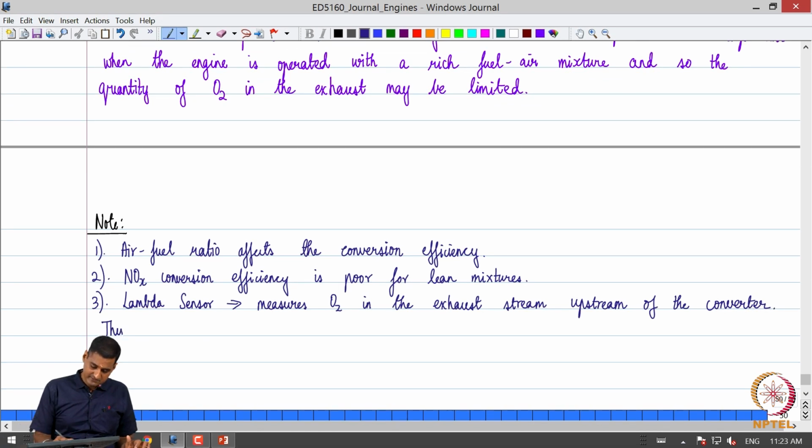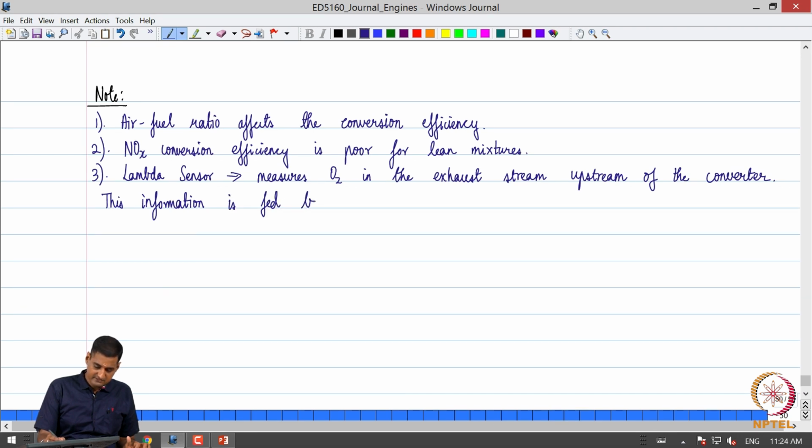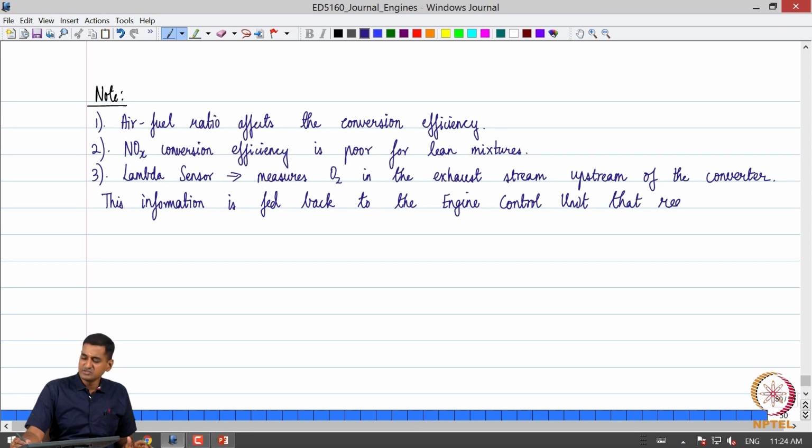This information is fed back to the engine control unit that regulates the air fuel ratio. Of course, it uses information from other sources also, but this is one source, right.